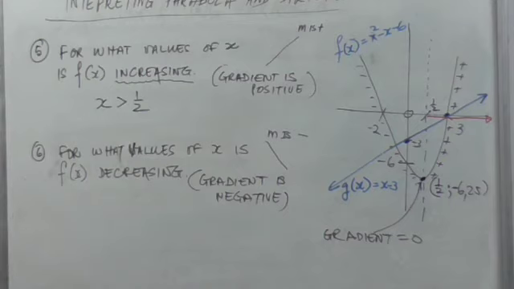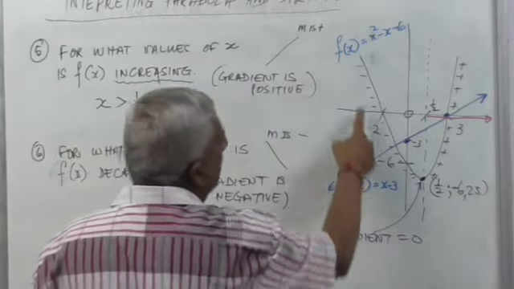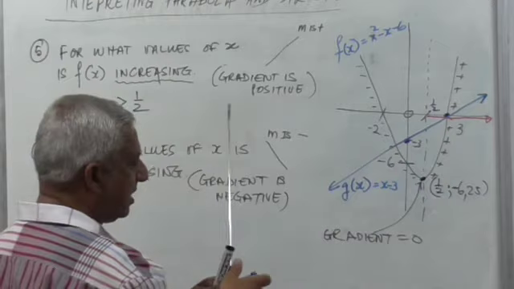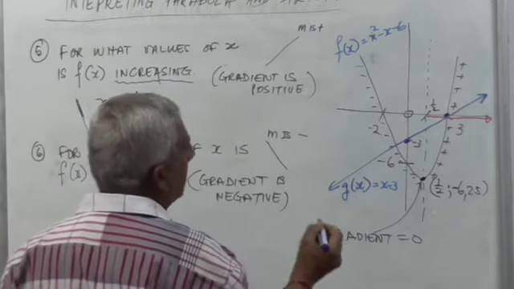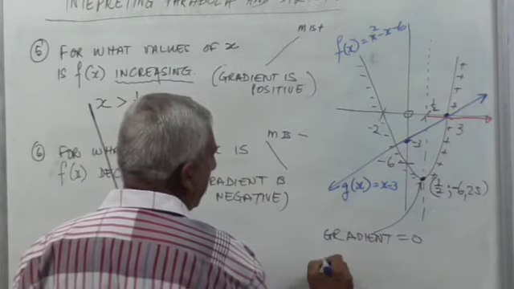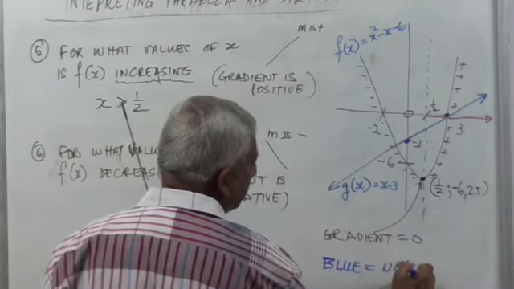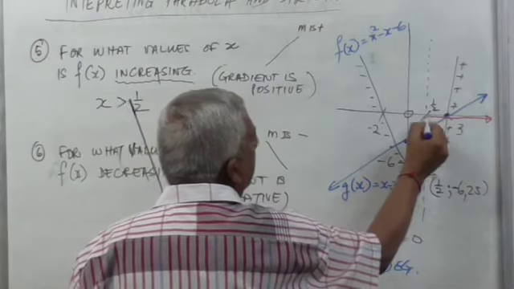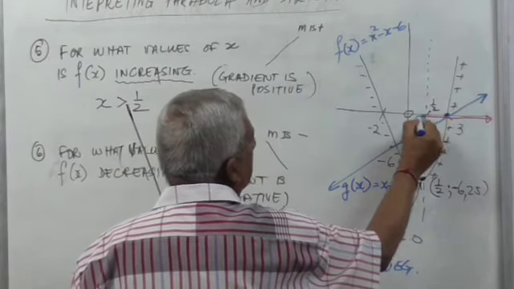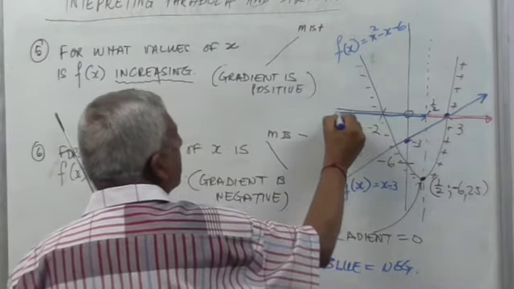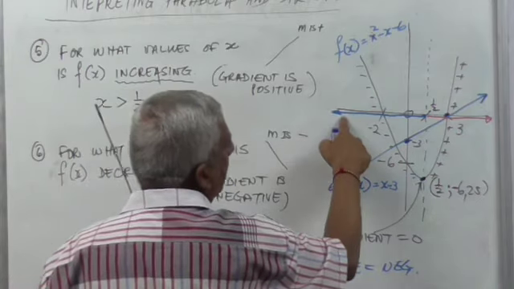Then you want the gradient negative. Now the gradient is negative all over here. I'll put blue for negative. Blue is equal to negative. So from here, the gradient is negative for all these x values.